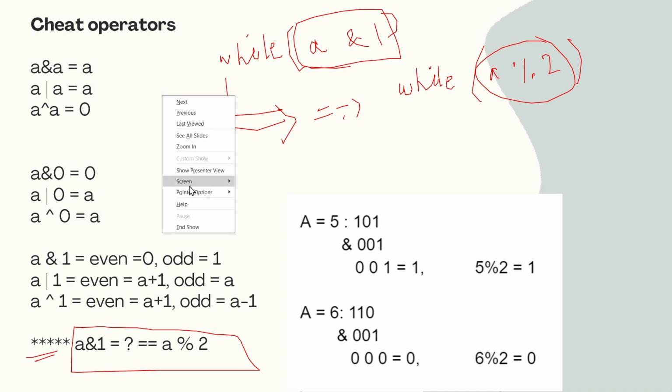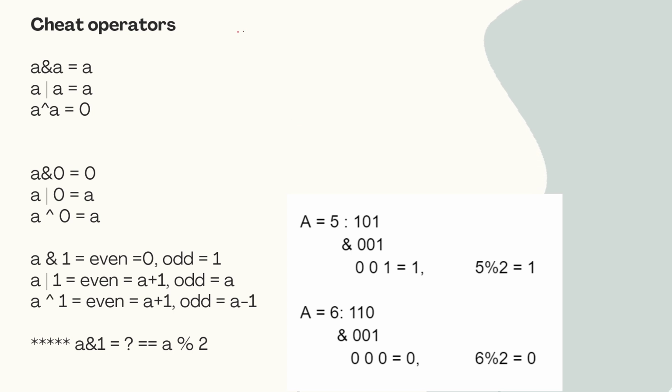We are saying both are the same. You need to check with an example, right? Let's take a as 101. And if I apply AND with 1, this is 1. Again, remember, I have taken this in binary. 1 is also in binary. It's something like 2 power 0, which is 1. So if I apply AND, you are going to get 1.